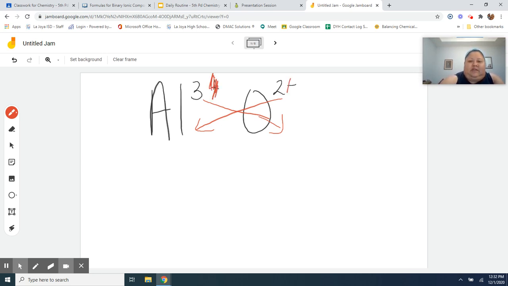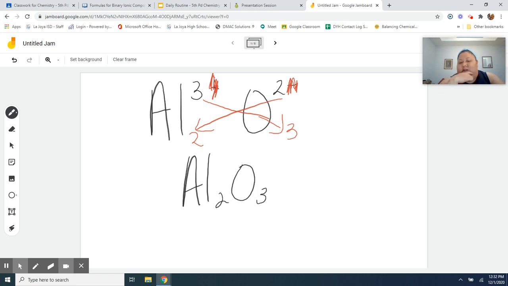Do not cross that down. Pluses and minuses don't cross down. The only thing that crosses down is the number. 2 will go here, 3 will go here. So when you write your formula, you're going to write the 2 that crossed down for aluminum and the 3 that crossed down for oxygen.